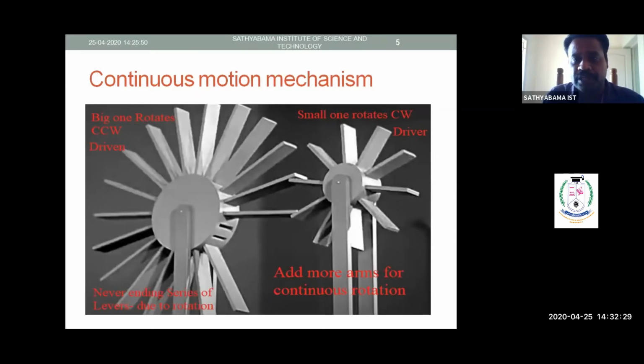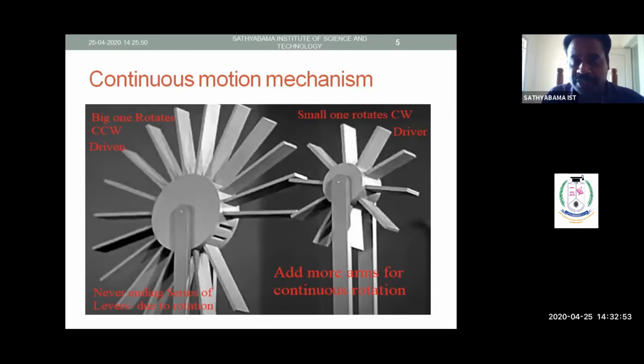If the smaller one rotates clockwise, how? We are giving some motor input power to the smaller one so that we are rotating the smaller one, that is called driver, clockwise. Because of this clockwise rotation, the left side wheel, which is large, with a never-ending series of levers, will move in the CCW, that is counterclockwise direction.